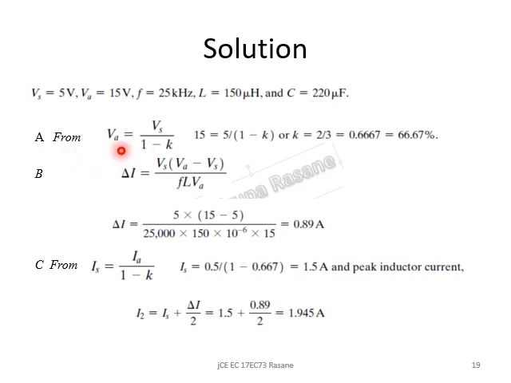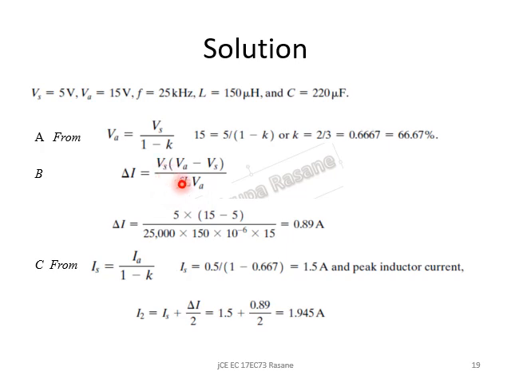So from the expression Va is equal to Vs upon 1 minus K, I substitute Va as 15, Vs as 5, and I have to find K. I get 2 by 3, which comes to about 66.67%. Next, I use the delta I formula, which is Vs into (Va minus Vs) upon F L Va.